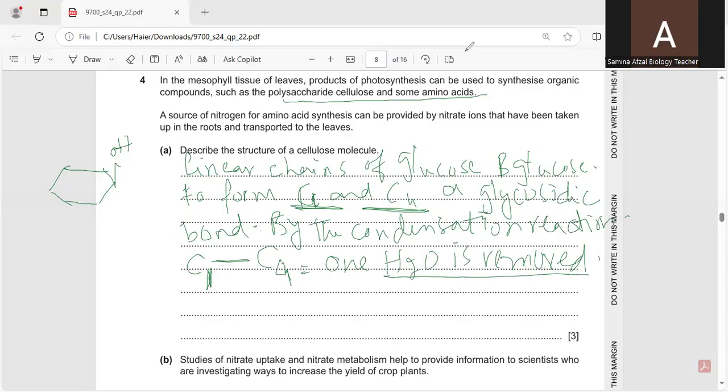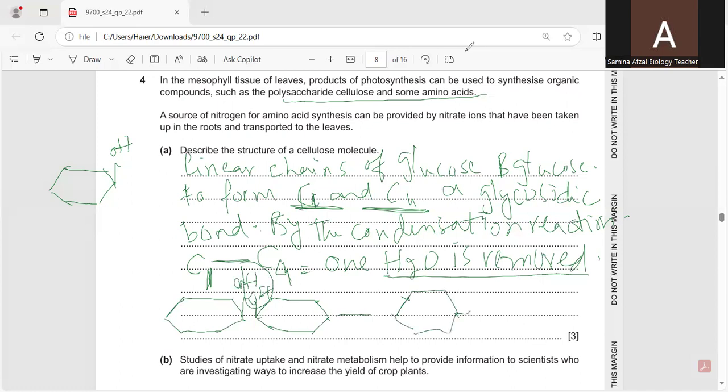So when two beta glucose molecules join together for the formation of this glycosidic bond, you can see in this way, they have to rotate 180 degrees to come up to the level, and then there will be the removal of this water molecule and there will be the formation. In this way, you can see the structure.